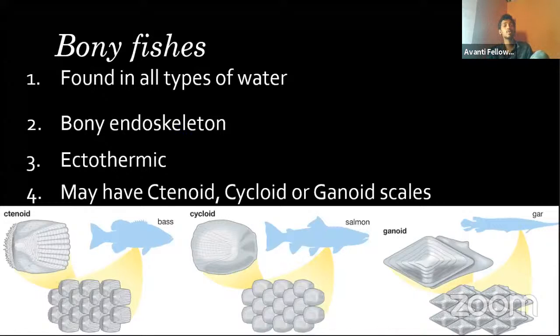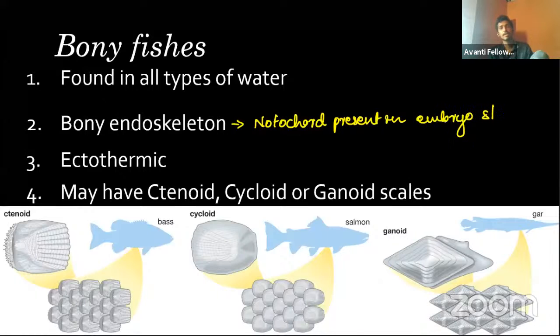They have a bony endoskeleton. So what about the notochord? Yes, the notochord is present only in the embryo stage. Later, it is replaced by the bony endoskeleton material.